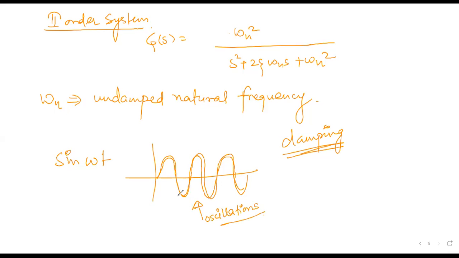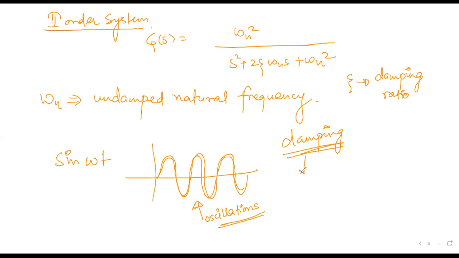But when we set up our plant in an industry, we do not want oscillations. So to reduce the amplitude of oscillation, we use a factor called zeta, which is called the damping ratio.